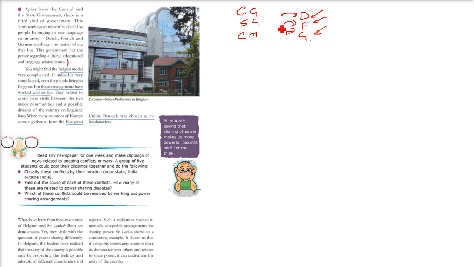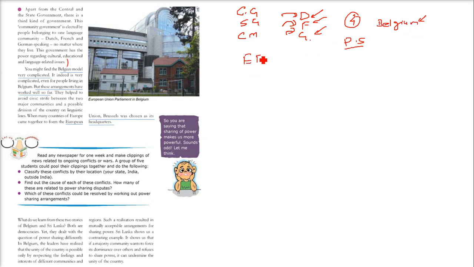You will say that this model, with 4 levels of government, is quite complicated, but the power sharing has been done in such a way that till now Belgium as a country has seen no problem at all. No one has complained about the power sharing, and the linguistic people don't have any kind of tension.